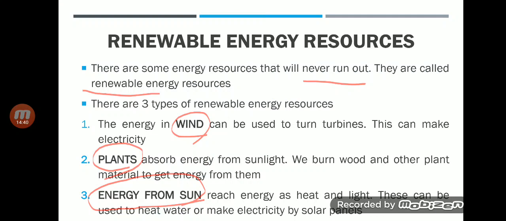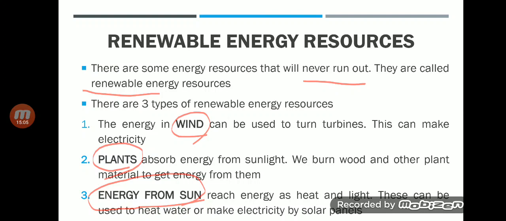There are three types of renewable energy resources: wind, plants, and energy from the sun. Okay, make it four, because water is also a renewable energy resource. Wind, we use wind to turn the turbines, and this can make electricity. So it is a renewable energy resource.